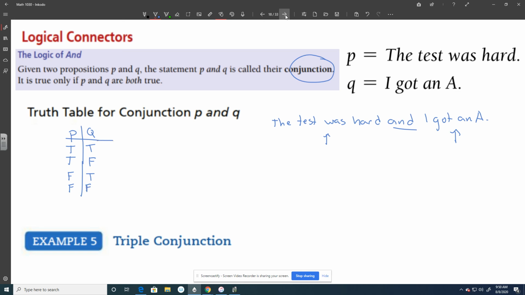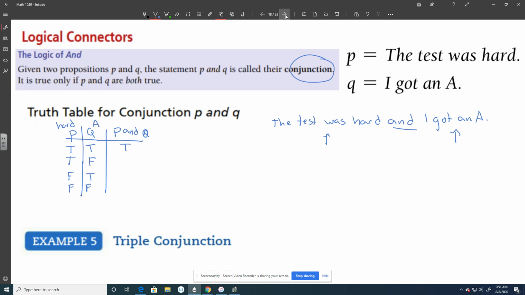Now, so we have our two different propositions. This is that the test was hard. This is that you got an A on the test. But that's not what the claim is. We're talking about the test being hard and you getting an A. So over here, we have P and Q. That the test was hard and you got an A. So that means they both have to be true. This is true and this is true.